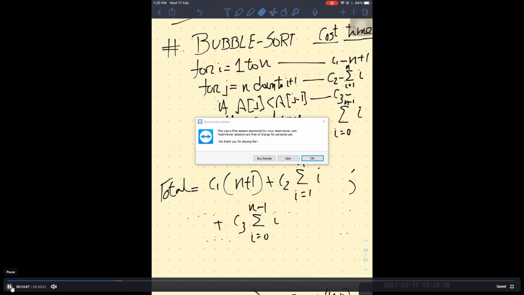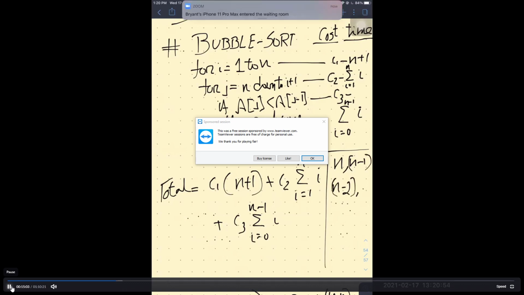In this way, if you progress, you will get one series for the inner for loop which will look like n, n minus 1, n minus 2, all the way down to 2, 1. Is it clear how we are getting this series?